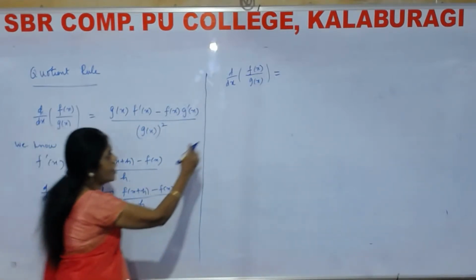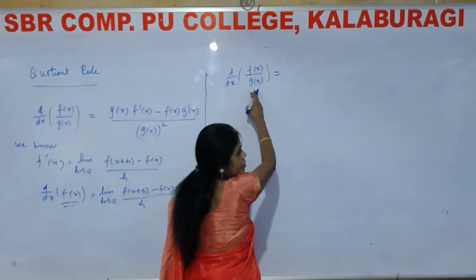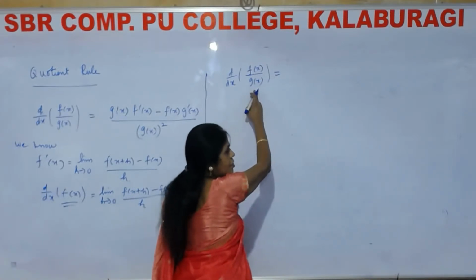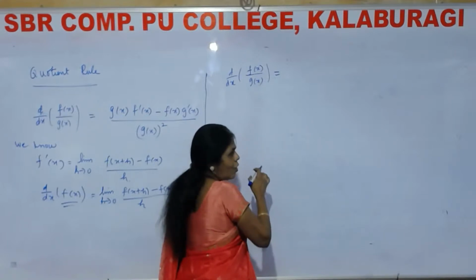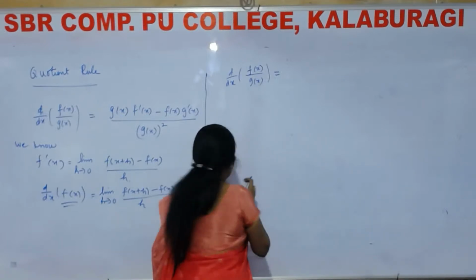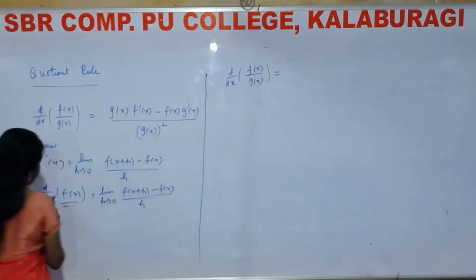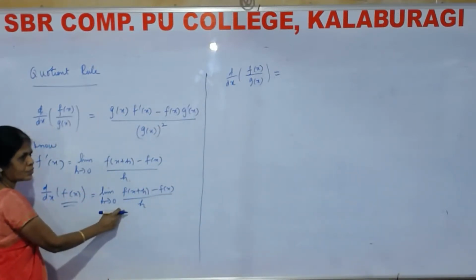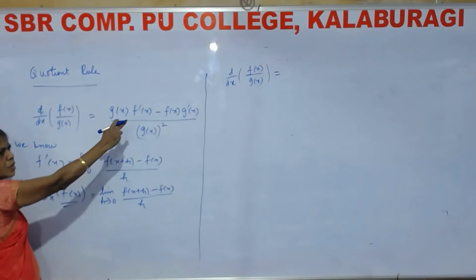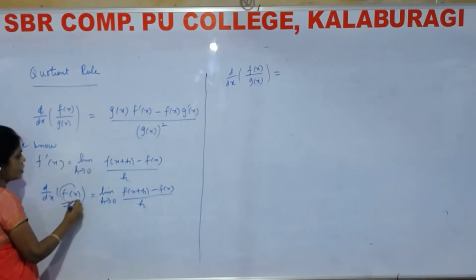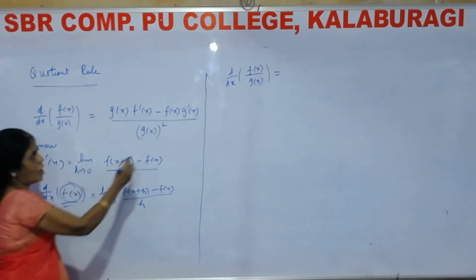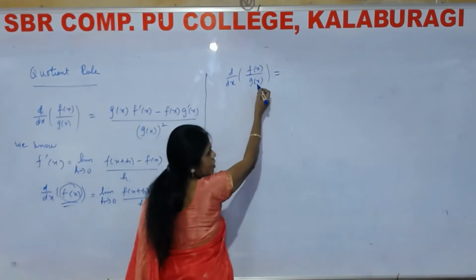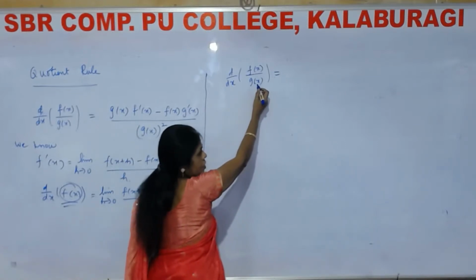The whole thing is f of x. d by dx of f of x by g of x. What will you substitute in this place? What you have substituted in this place? g of x.